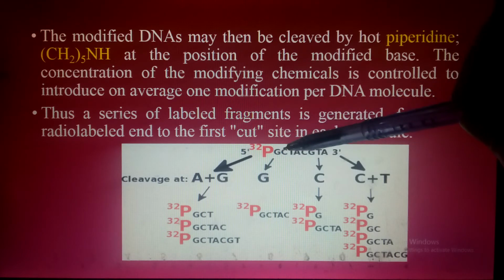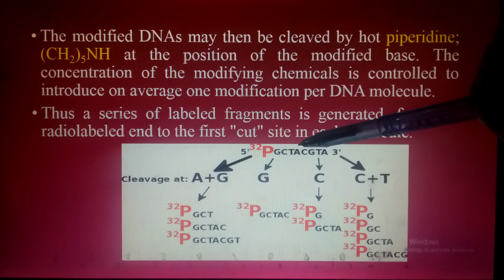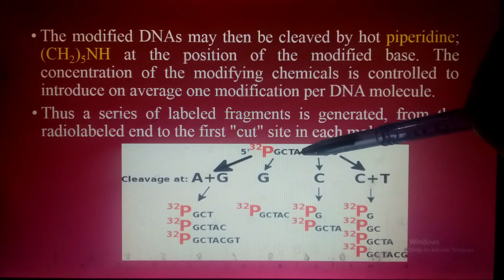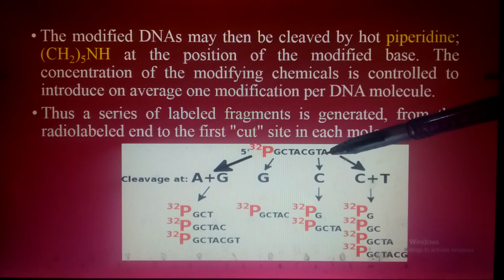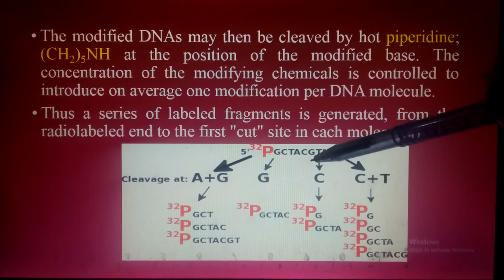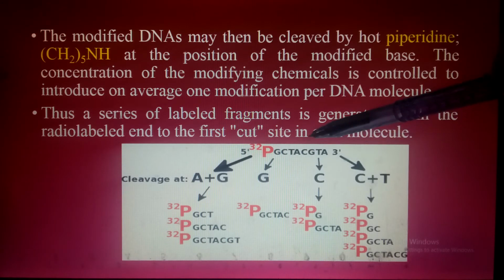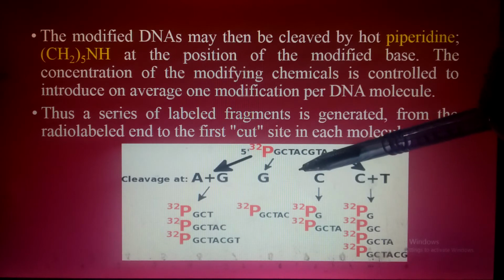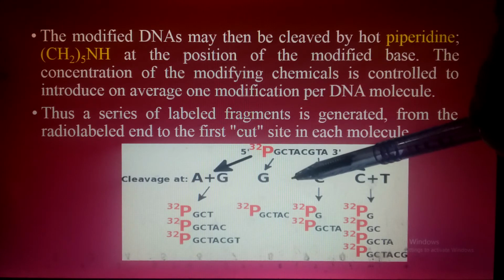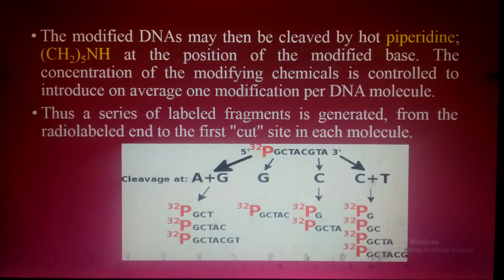If the modification occurs at the A position, then it will break the DNA molecule at the A position. Similarly with C and T, where there is a modification by the chemical, the piperidine cleaves the DNA molecule at that position. I hope the concept of chemical modification and cleavage is clear to you people. Is it clear now? That is very interesting.